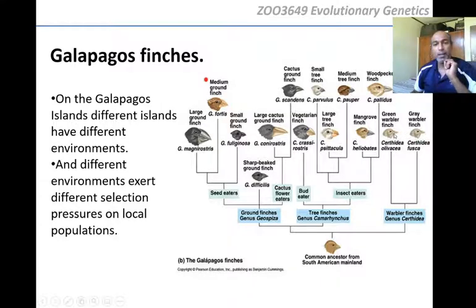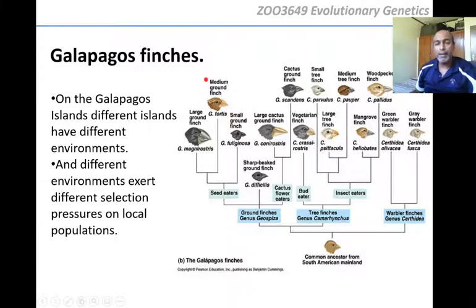A sharp beak. If you are feeding on fruits, maybe you don't want a fat beak like this. You also don't want a sharp beak. You want something maybe in between. Okay? If you are a woodpecker, you need a very hard beak to poke the wood. Then you will have a beak like this.